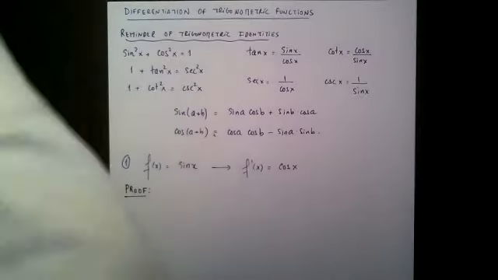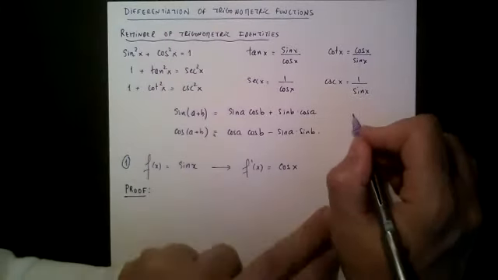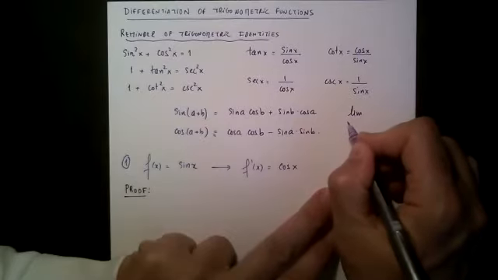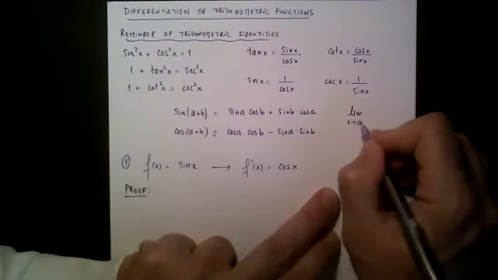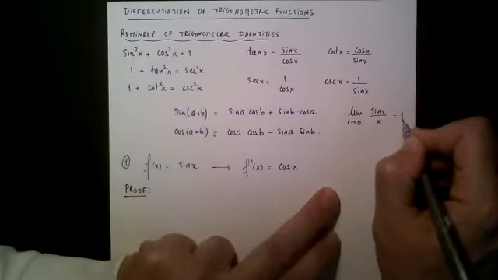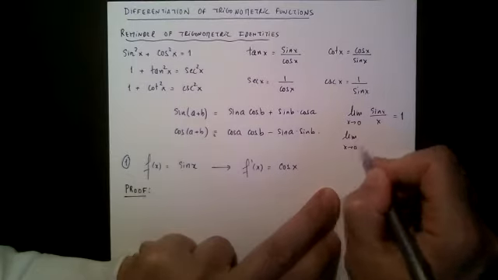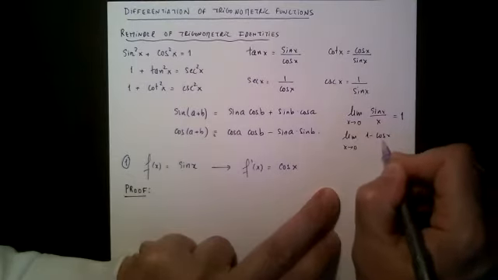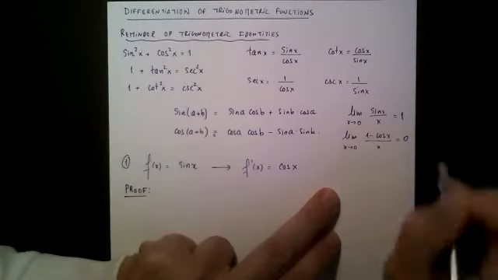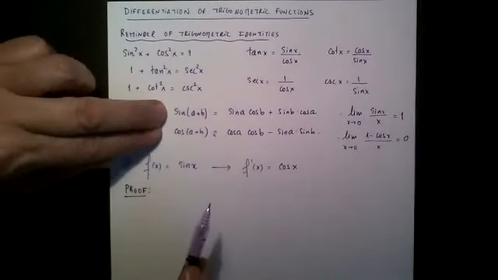We also know, if you remember, that the limit as x approaches 0 of sine x over x is 1, and the limit as x approaches 0 of 1 minus cos x over x is 0. All this we proved. So all this is proven besides for these two.